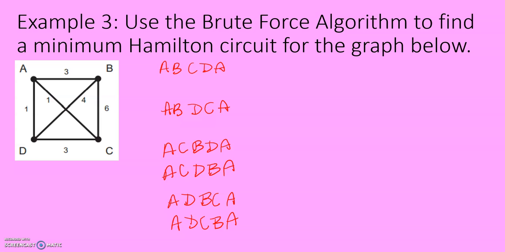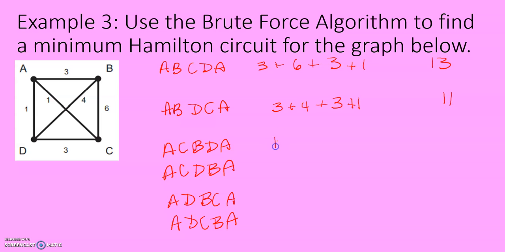Okay, now we need to add up the totals. A to B is 3, B to C is 6, C to D is 3, D to A is 1, for a total of 13. A to B is 3, B to D is 4, D to C is 3, C to A is 1, for a total of 11.